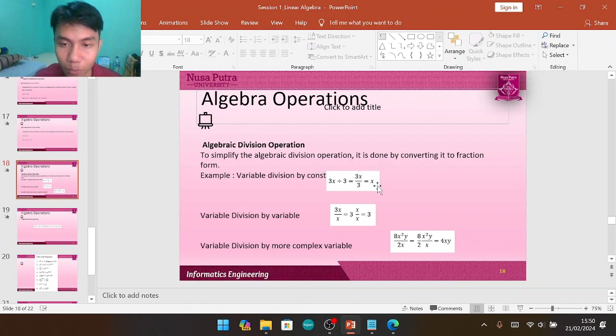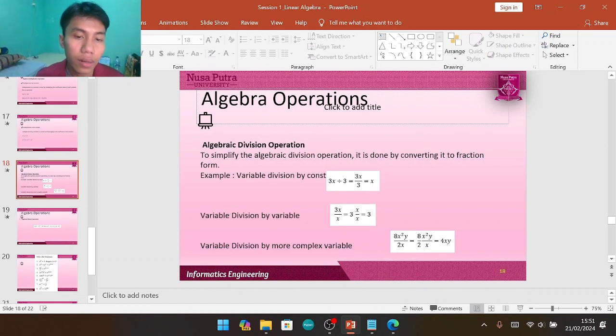So it becomes 1x, right? Okay, next, variable division by variable. 3x divided by x. So x by x cancels out, so the result is 3.